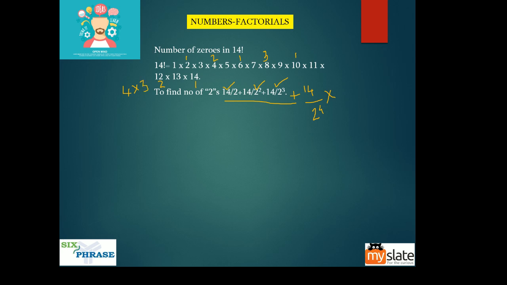What is 4? 4 has two 2's. 14 is 2 into 7, so 1 2. So you add all of it: 1 plus 3, 4, 7, 8, 10, 11. So 11. That is the 11 that we get here. 7 plus 3 plus 1, we get 11, right?